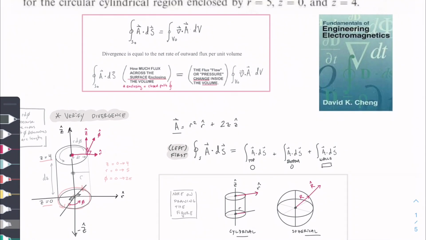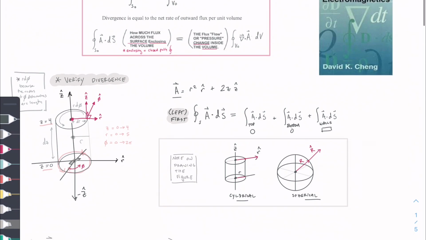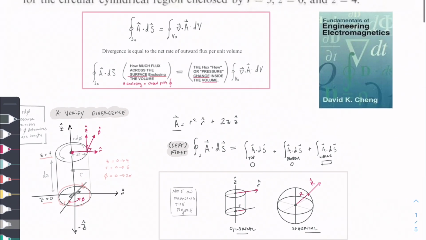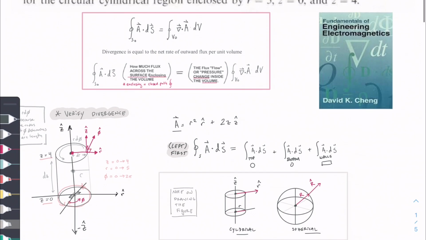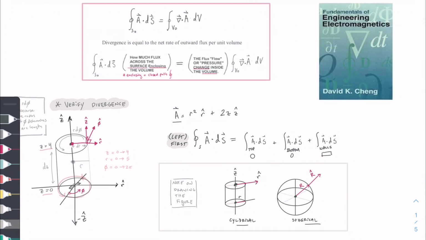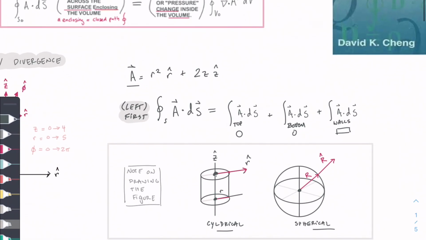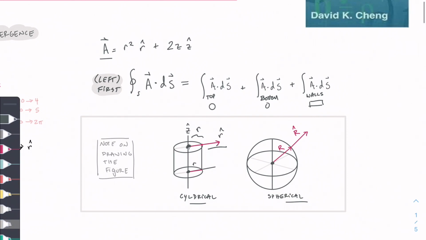All right, so a little about the general setup. For cylindrical coordinate systems, the reason we know we can center our cylinders at z is that when we set up our coordinate system, our r is always going to be in the r hat direction. Same if we have a spherical vector, like A being some sort of spherical coordinate system vector.